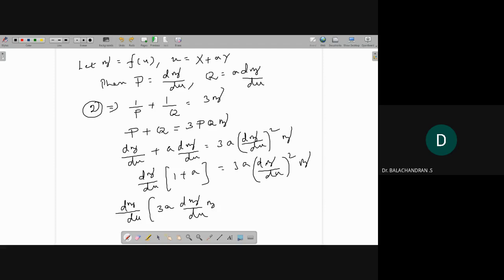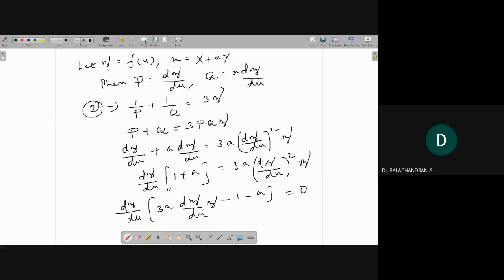Okay, I'll write here, minus 1 minus a is equal to 0. So dz by du is not equal to 0. If this is 0, z is constant. So this is not equal to 0, and hence this is equal to 0.